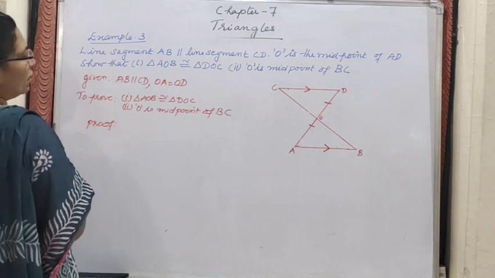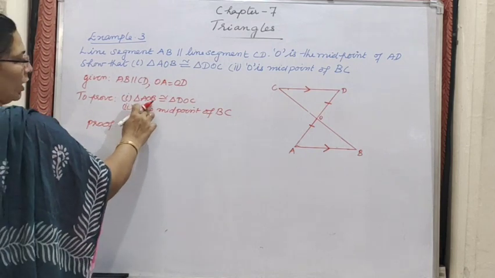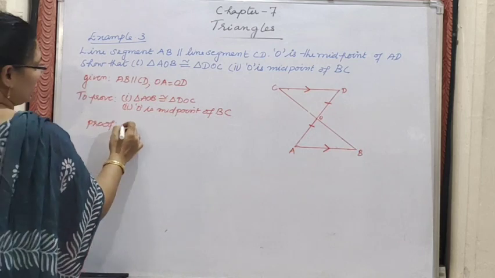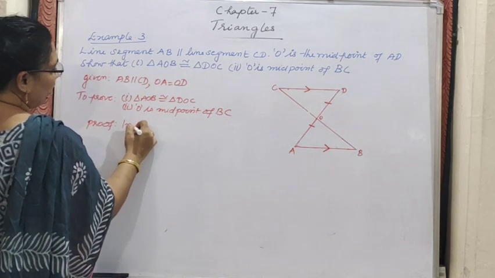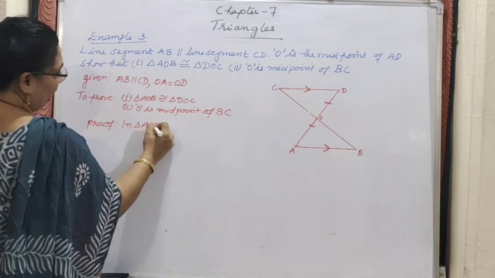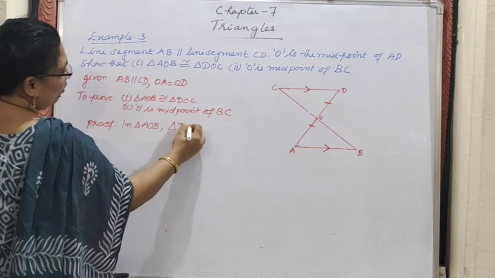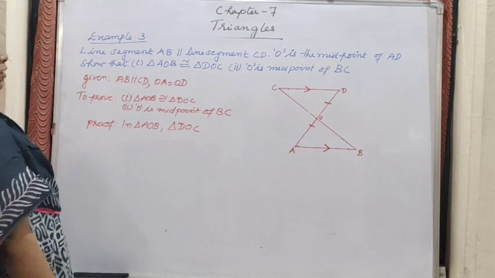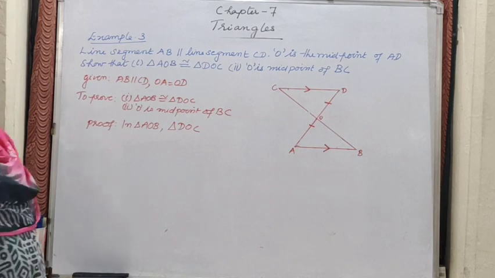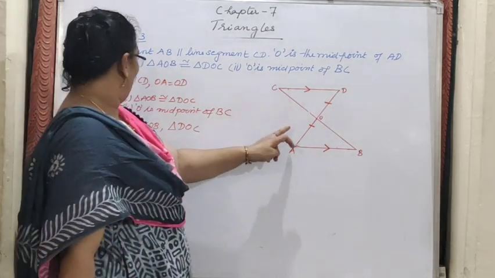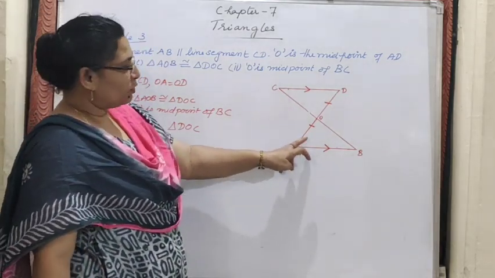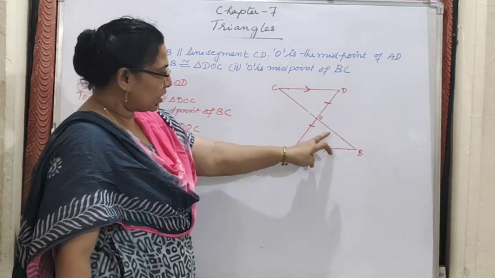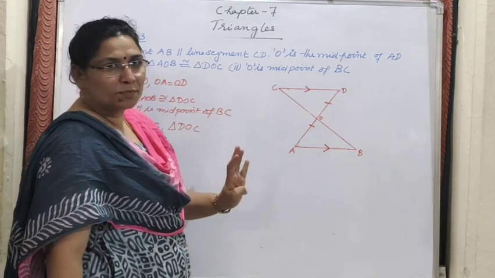The triangles we have to prove congruent are triangle AOB and triangle DOC. So we'll write, in triangle AOB and triangle DOC, let us see what is already given in the figure. AOB is the first triangle, and only one equal side is marked there.